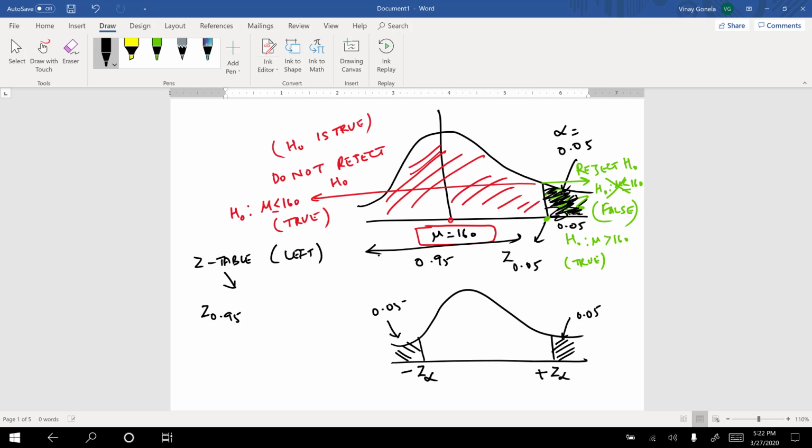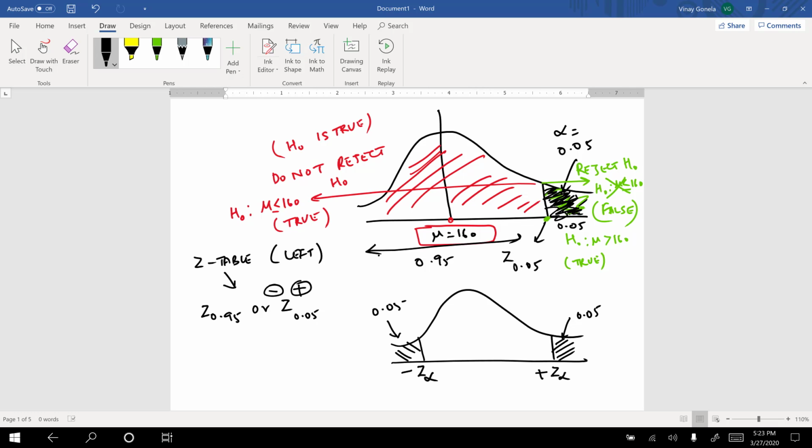Both are the same. Or you do z at 0.05 and then convert that negative value to positive. So that's your choice.